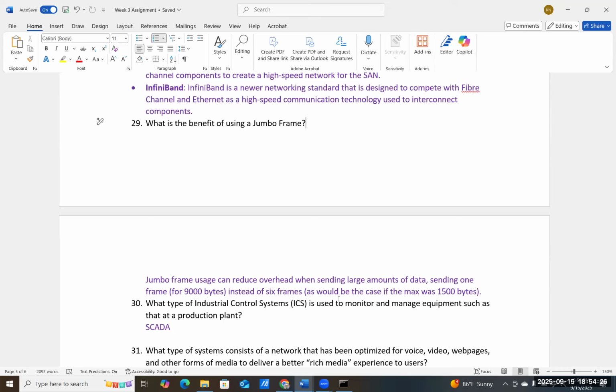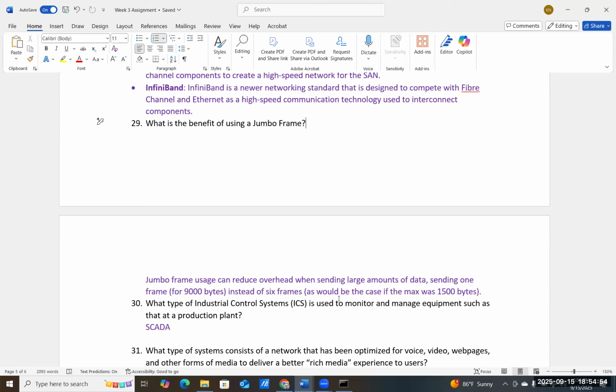So the way they came up with is, instead of using a smaller frame size, we can use a jumbo frame, right? So we can send one that's 9,000 bytes instead of a smaller size. When you're sending many frames, a frame contains a header and data information.